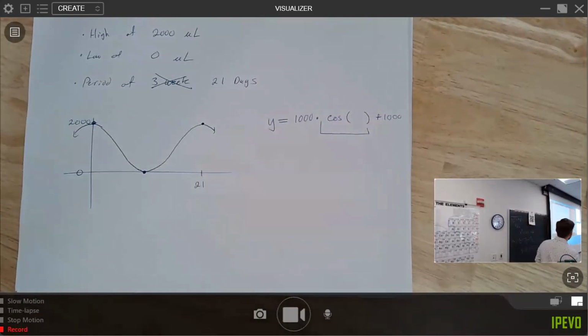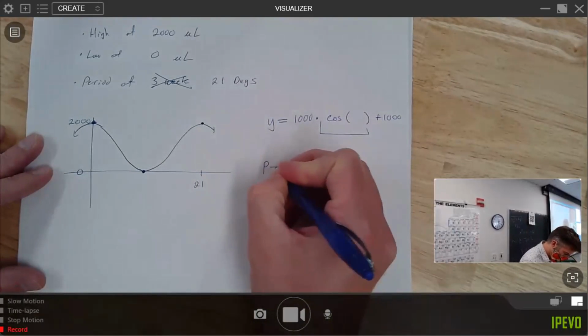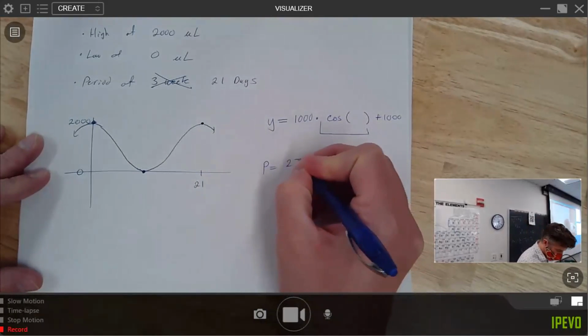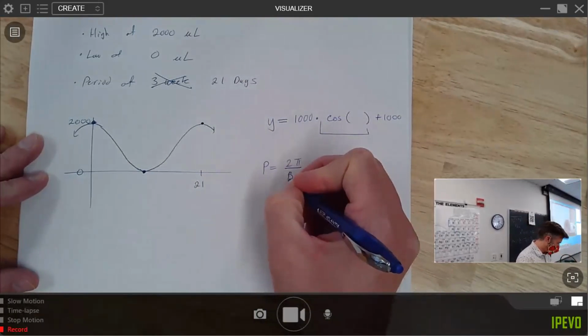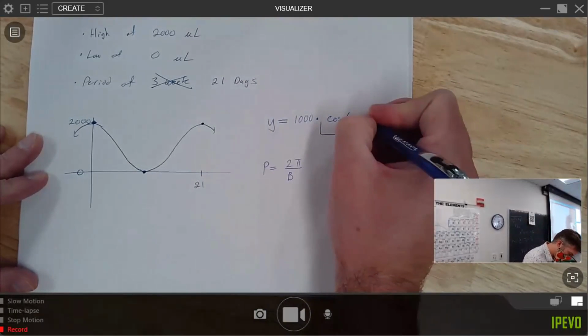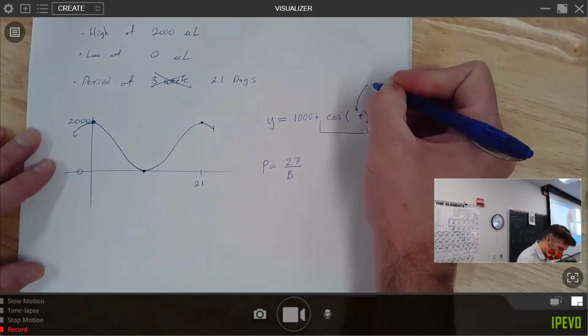Cosine of something that makes it so my period is 21 days. I know the period is going to be 2 pi divided by whatever the coefficient of time is. So usually we say that's the coefficient of time.